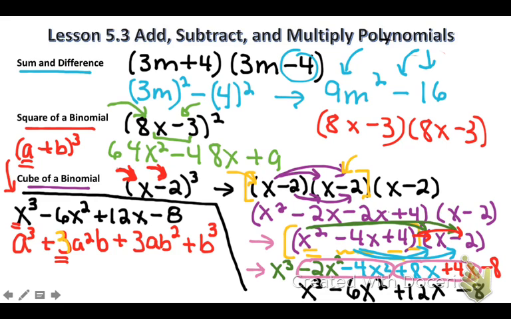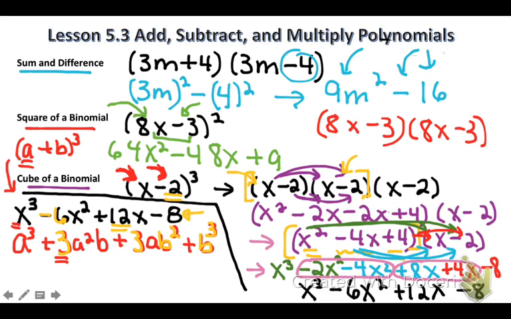So it says 3 times the b value, and since the b value was negative 2, that's where the negative 6 comes from. Then it says 3 times b squared, negative 2 times negative 2 is 4, 4 times 3 gave me the 12, and then the b cubed is negative 2 times negative 2 times negative 2 gives me the negative 8.